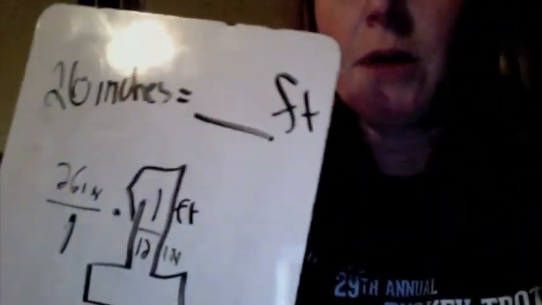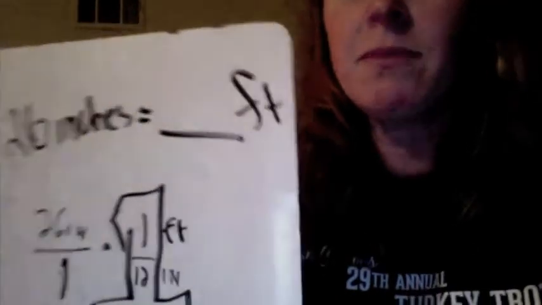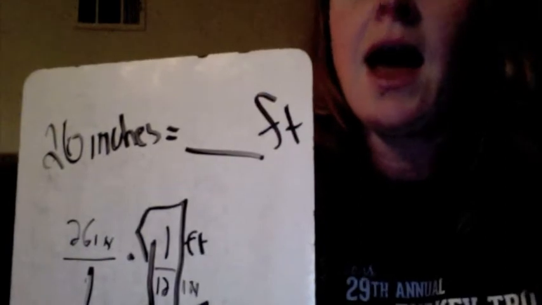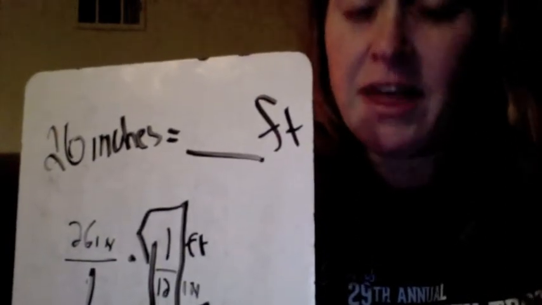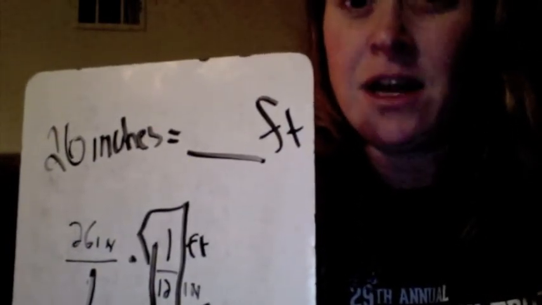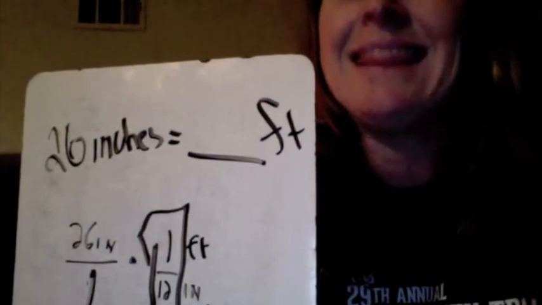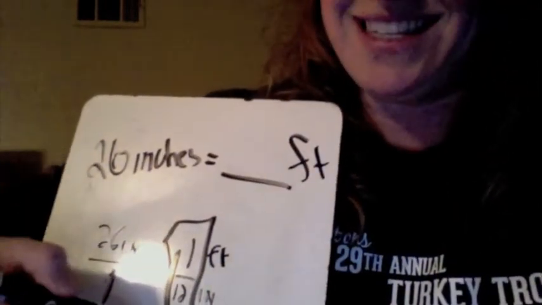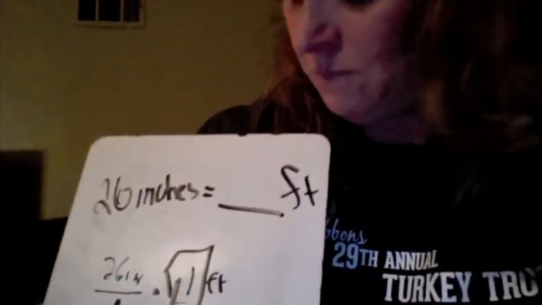So let's think a little bit also about common sense. If I have 26 inches and I want to do feet, I know a foot is bigger than an inch. So if I need a bigger unit, I need less of them. When I need less of something, I'm going to divide. And if you look, this 12 is in the denominator, which means division. Okay?